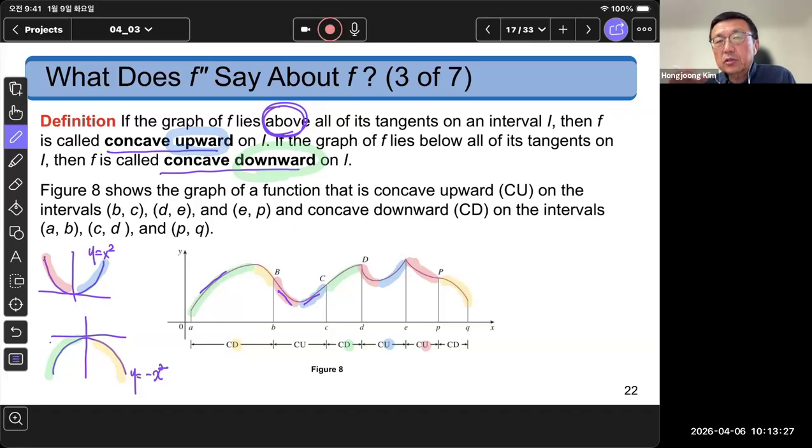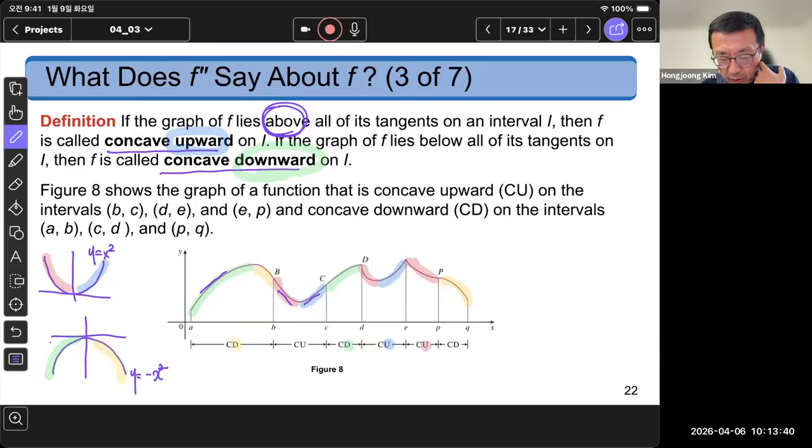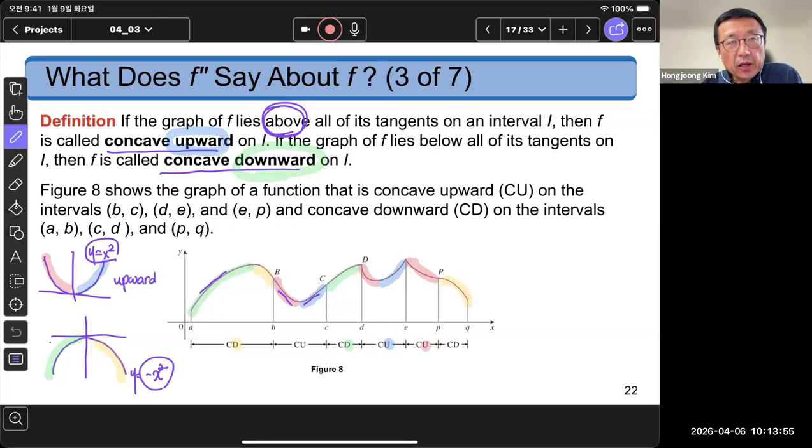And if your graph is below the tangent, then it will be concave downward. But it was confusing to me. So that's why I personally memorize x squared and negative x squared. If your function has a similar shape as in the x squared function, your graph is concave upward. If the graph looks like that of a negative x squared graph, then it is called concave downward.